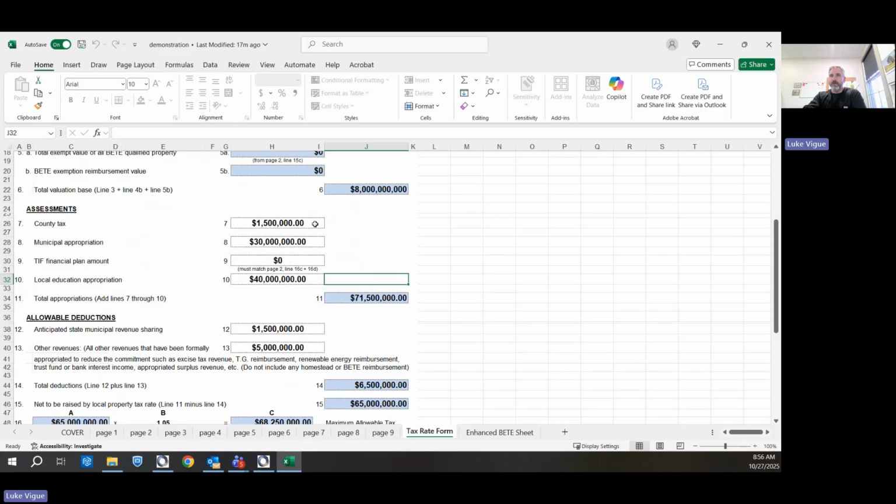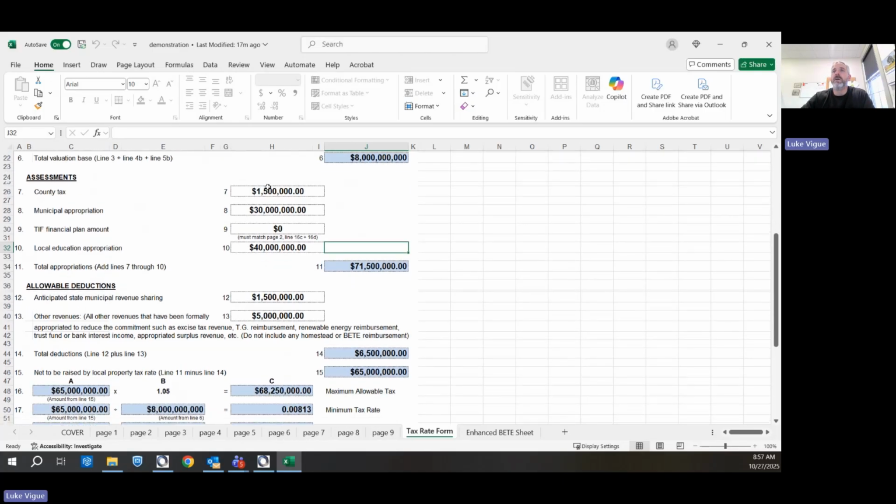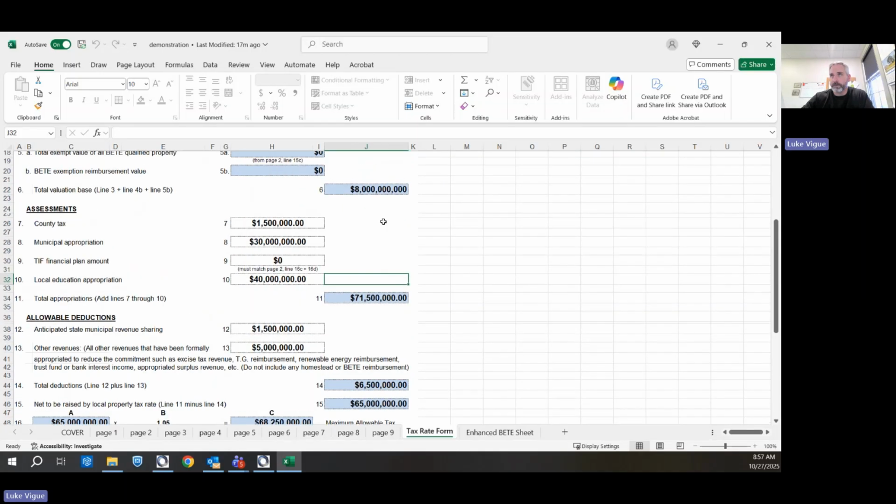We have no say in what that is. They tell us what that's going to be. Then you've got your municipal appropriation, which is directly off the warrant, and then your local education appropriation. So for this example, the three of those added together are 71,500,000. So that is your amount of money you have to raise for the year.